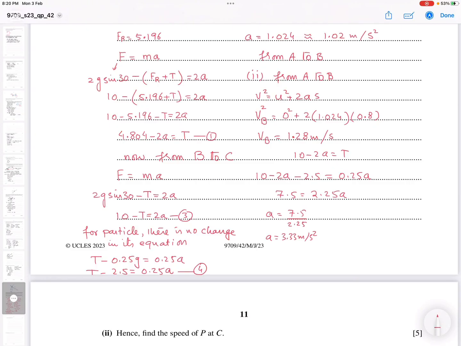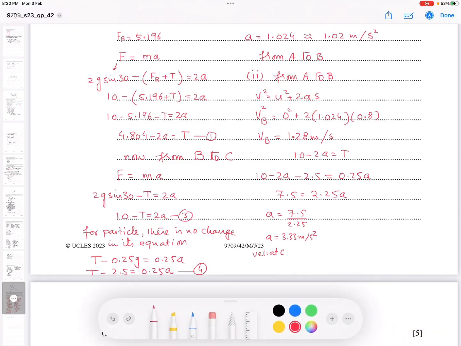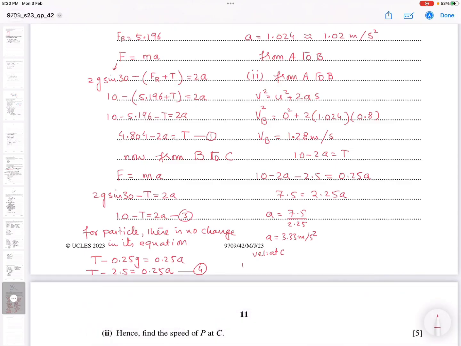Velocity at C. So v square is equal to u square plus 2as.